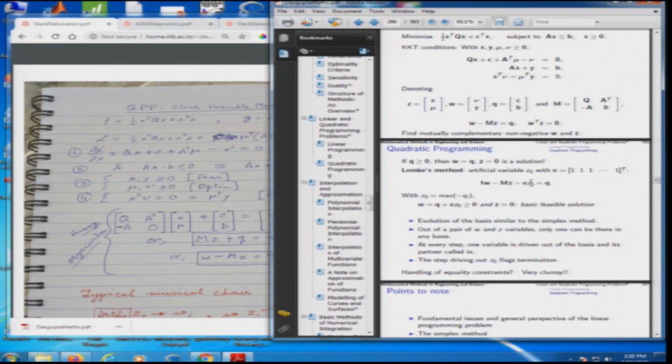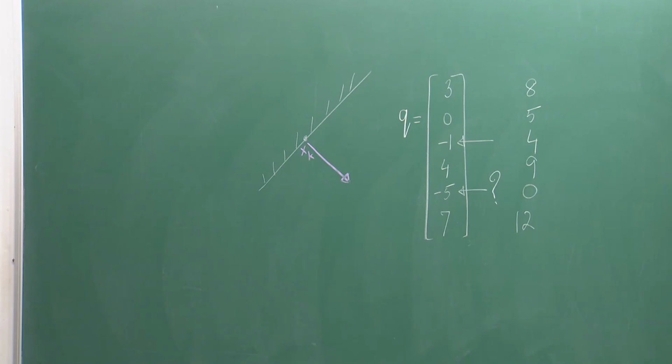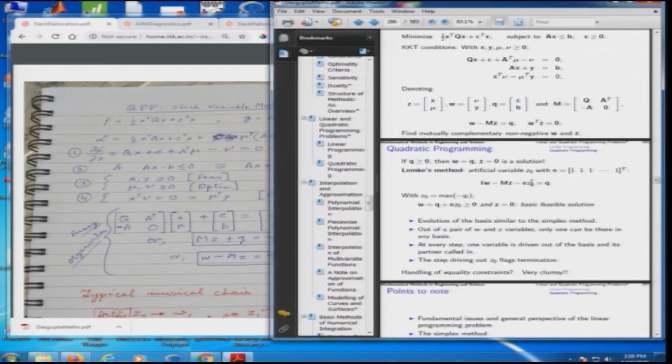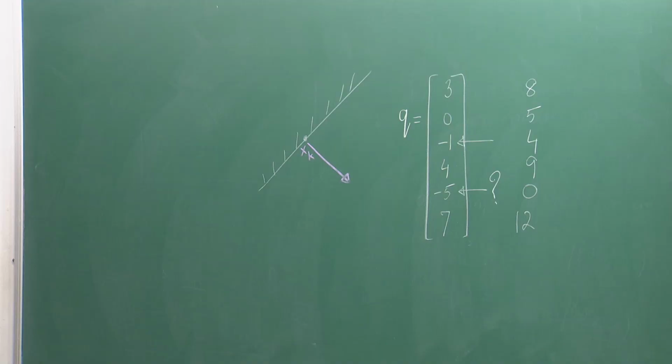Now, z 0 in this case is 5. So, make z 0 equal to 5, and that means minus 5 will come in that equation and cancel this minus 5. Basically, this term goes on this side as q plus e times z 0. That means q plus a vector of z 0, z 0, z 0, and so on. So, to all of them z 0 gets added, in this case 5.